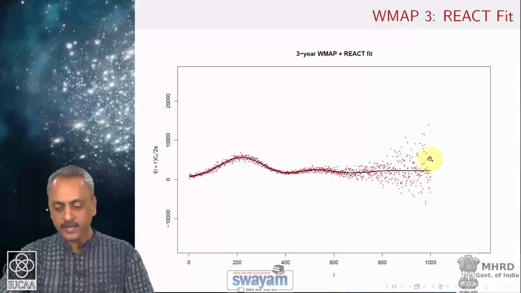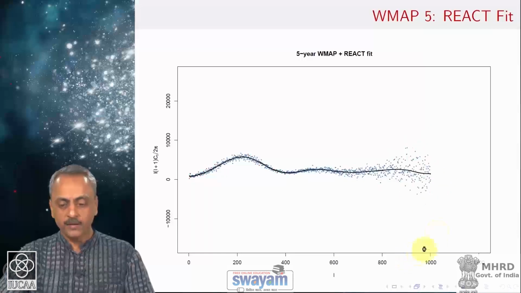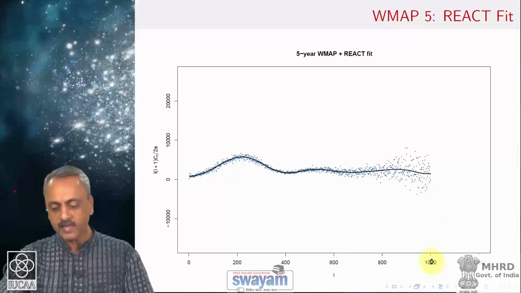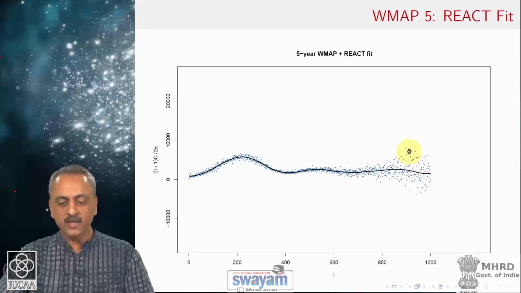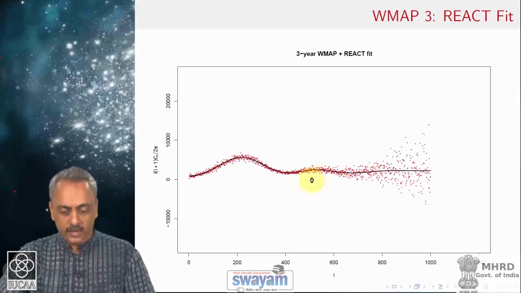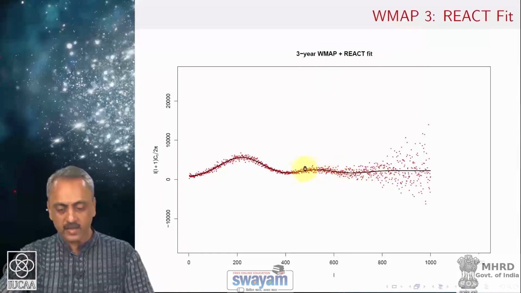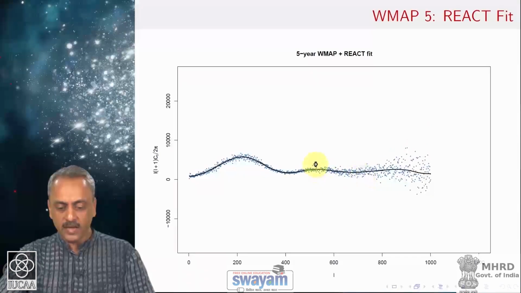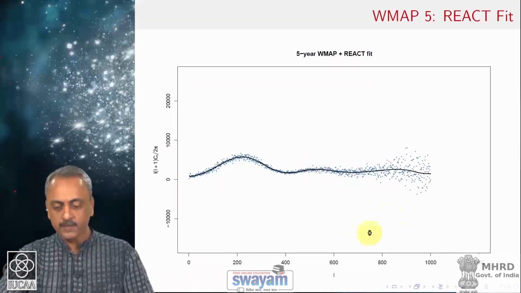You are looking at finer angular scales compared to the first year WMAP data. In the fifth year WMAP data, the smallest angular scale remained fixed, but the uncertainty on the data got reduced. This is where the second peak started getting better resolved because of the reduction in the vertical scatter here. It became even better here.